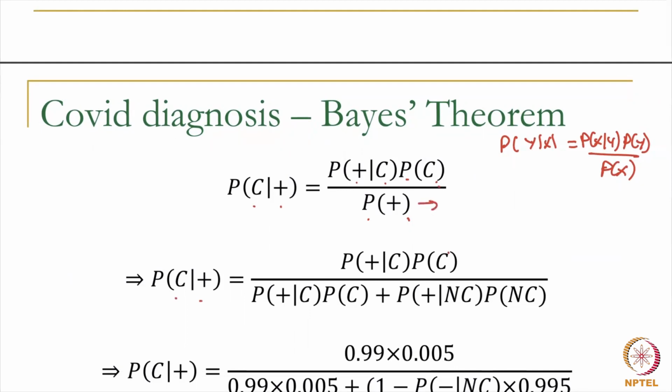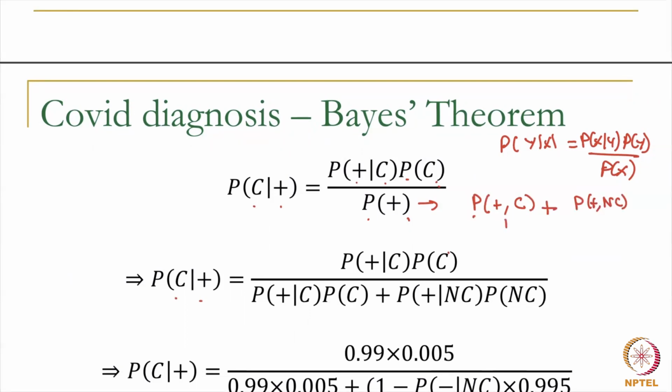Okay, remember it's summation over all the possible cases. So what are the possible cases? You could be positive and you could have had COVID, or you could be positive and you might have not had COVID. These are the only two possibilities.